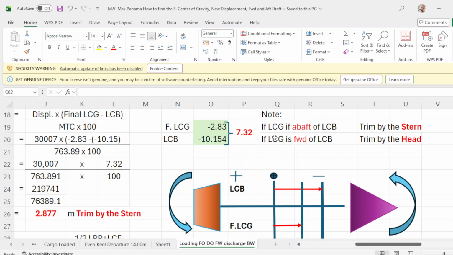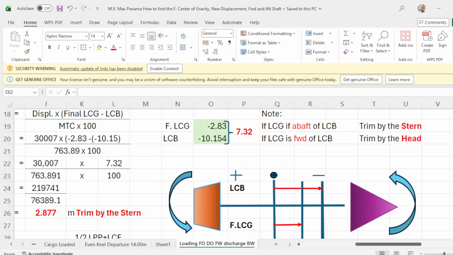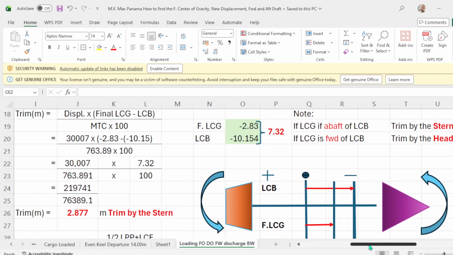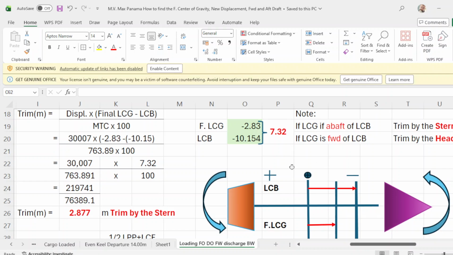So take note, if LCG, this one, is aft or behind of LCB, then you are trimmed by the stern. Okay. So by analyzing these figures, it is clear that the LCG is behind of LCB. That's why it is trimmed by the stern. That's why your trim, this one, is positive, because you are on the up part of midship. You are trimmed by the stern.